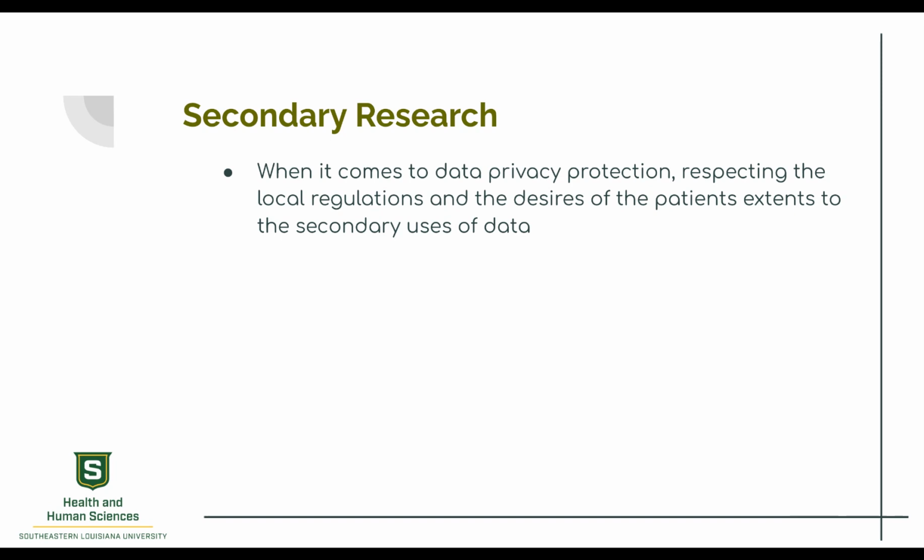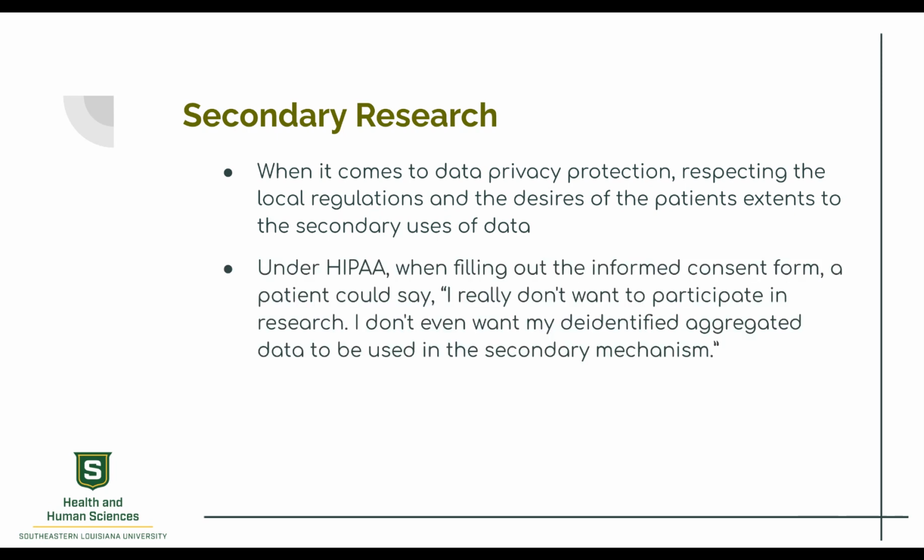The informed consent that patients give is not just about disclosure to family or to the legal system. It also covers whether they are okay with their data being used in research, even if it is de-identified. That's all part of what informed consent does.